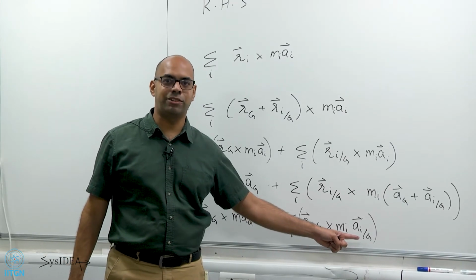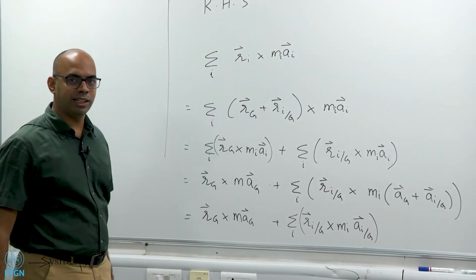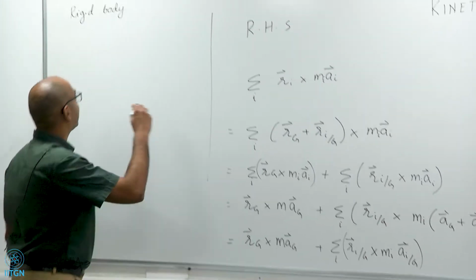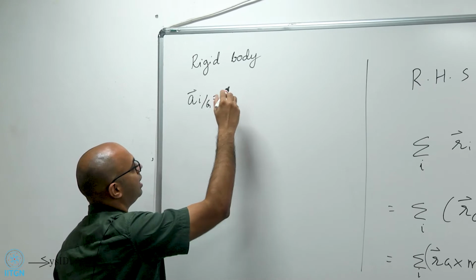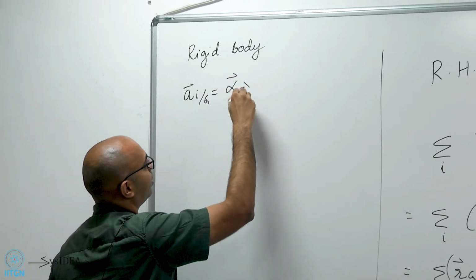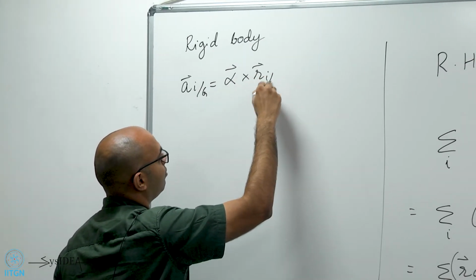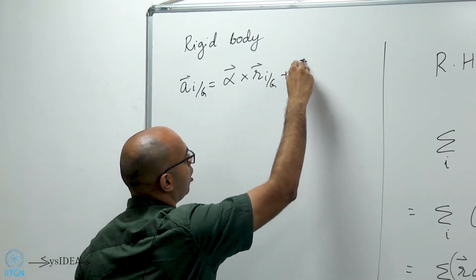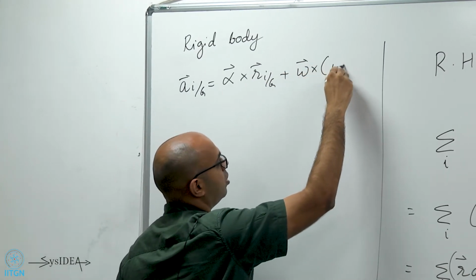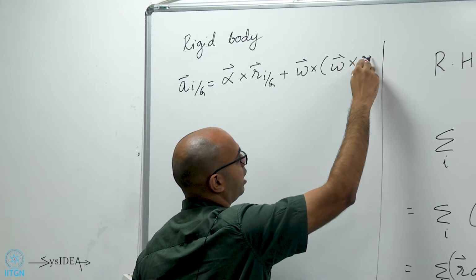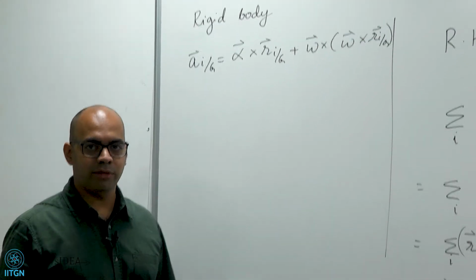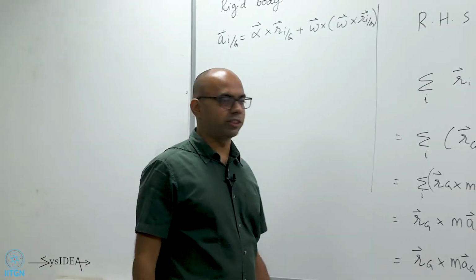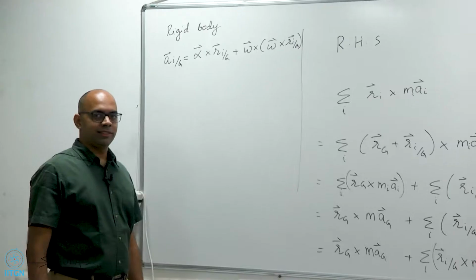That simplifies the equation that we are dealing with, and we can therefore write the acceleration of i with respect to G as simply alpha cross Ri with respect to G plus omega cross Ri with respect to G. We don't have to worry about the other terms and the Coriolis term and so on and so forth. We are left with only these two terms.